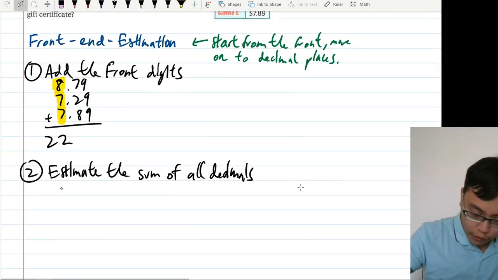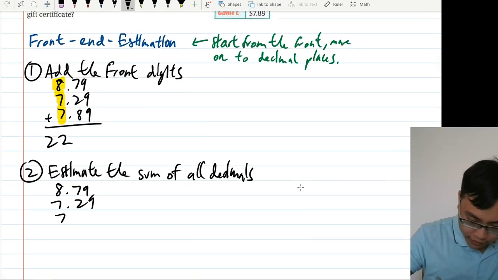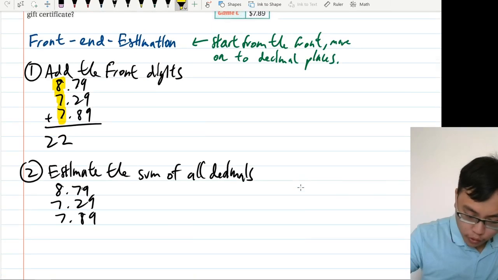Let's again look over here, 8.79, we have 7.29, we have 7.89. This time we're only interested in the decimals, okay? And we want to add them all up.